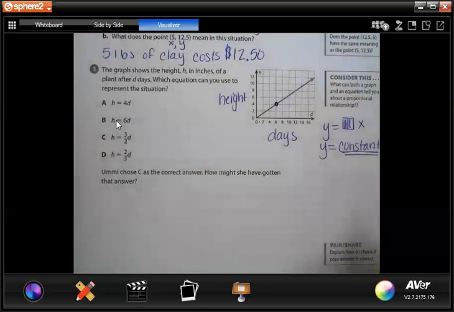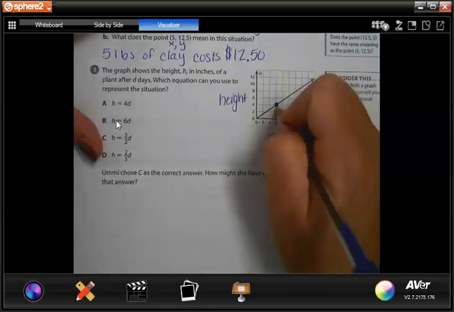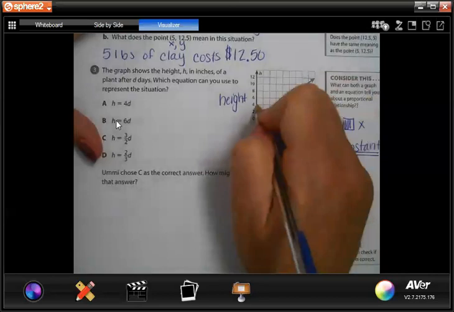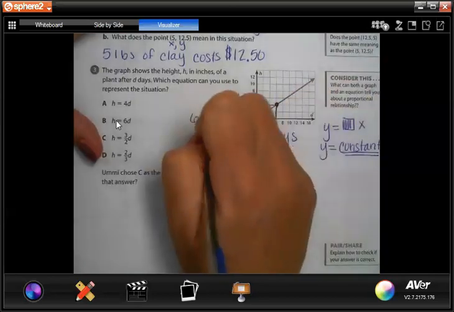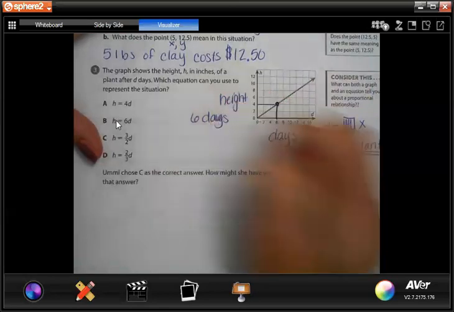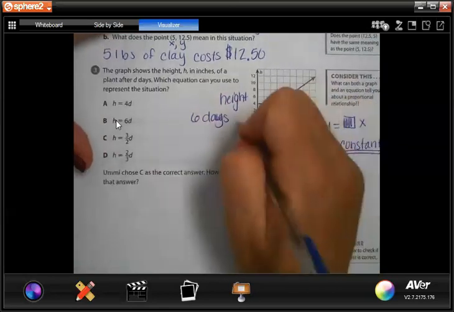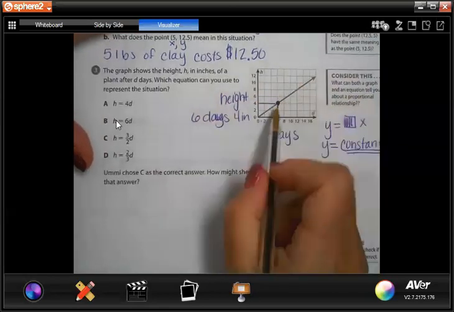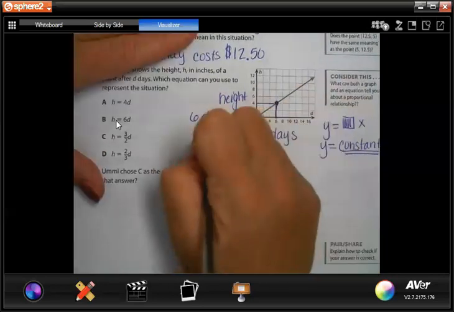Okay, that looks pretty good. That's a good intercepting point. And that intercepting point is 6 days, and it's 4 inches. Does everybody see that? So the coordinate would be 6, 4.